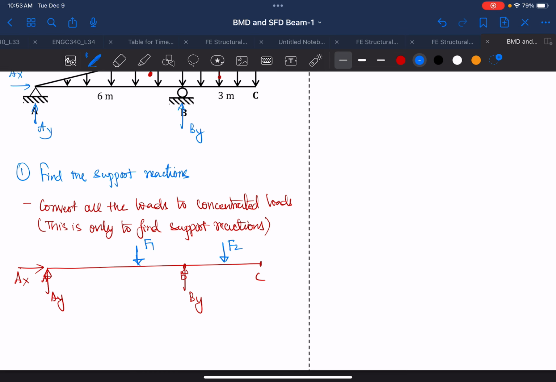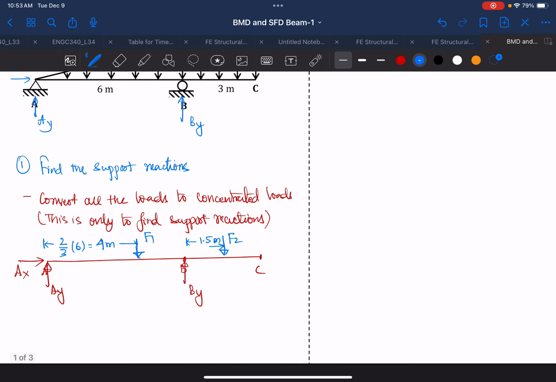For a triangle, the distance of the center of mass from the farthest end will be 2/3 of 6, which is equal to 4 meters. And for the uniformly distributed load, it will be half of that length. So that distance will be 1.5 meters.